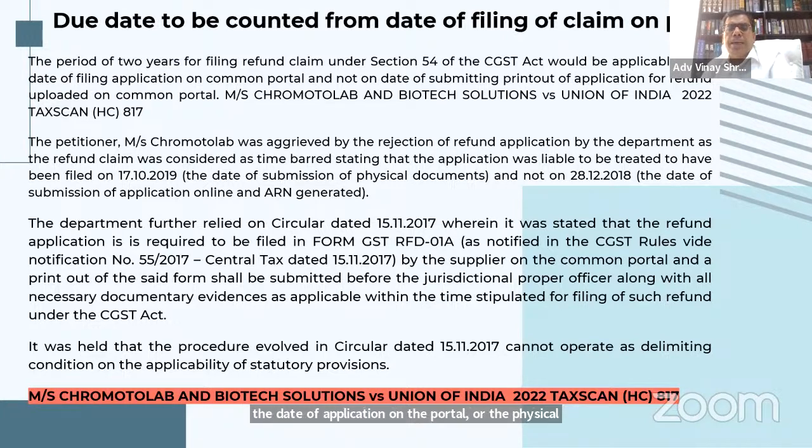Here the department relied on a circular which stated that the date of physical submission has to be counted as the date of filing of the claim. But the Honorable High Court said no, the date on which one makes the application on the government portal is the date when the refund should be deemed to have been applied, and that will be counted as the date of the refund.